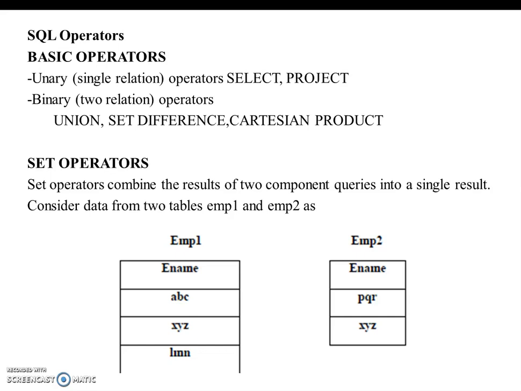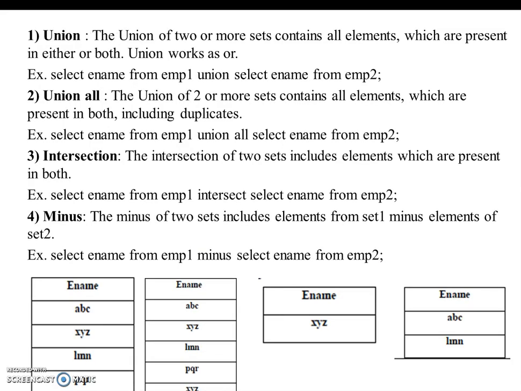That means to perform set operator queries, you have to create two tables within your database. So these are the different set operators: union, union all, intersection, minus.